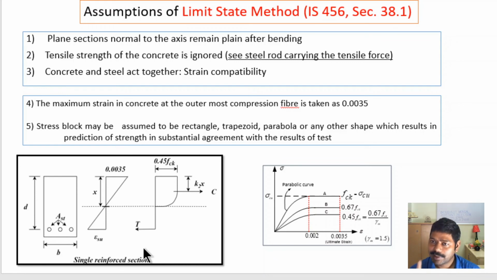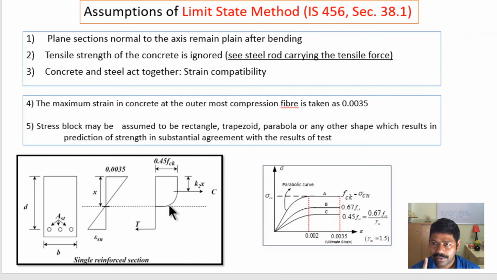In the working stress method, this stress block was triangular, but here in the limit state method, in most suitable cases we assume that initially it is rectangular and then parabolic in nature. So this is the difference with the working stress method.